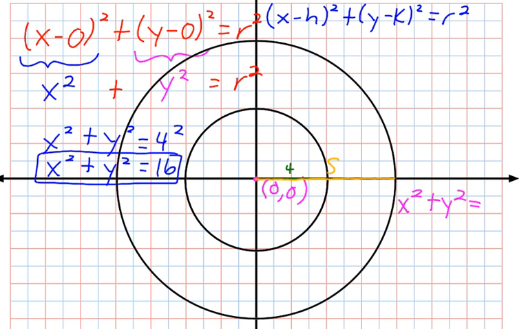Now I have a radius twice as big. So my radius is 8 squared. And then simplifying that or calculating that, I get x squared plus y squared is equal to 64. Okay?